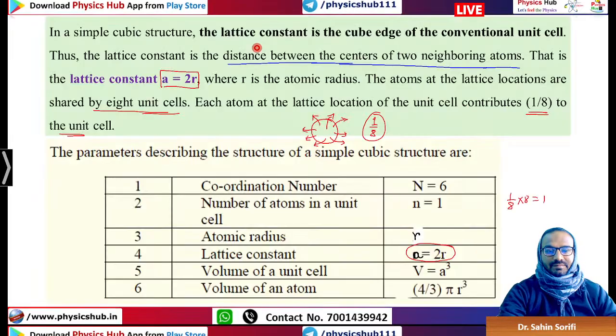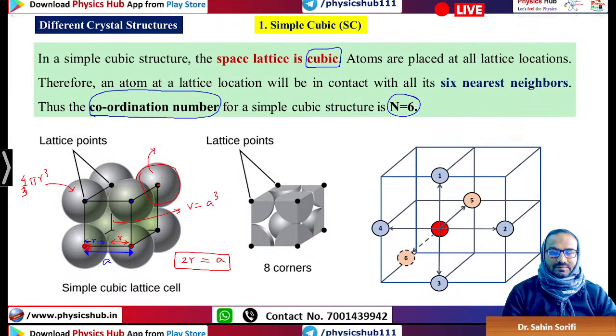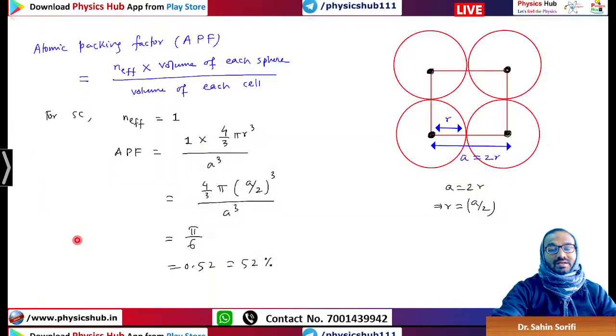Remember one thing: here the atoms are touching along the edge of the cube. For body centered, they will not touch along the edge of the cube, but along the body diagonal, because those atoms will be closer. And as a result, the packing will also be different.